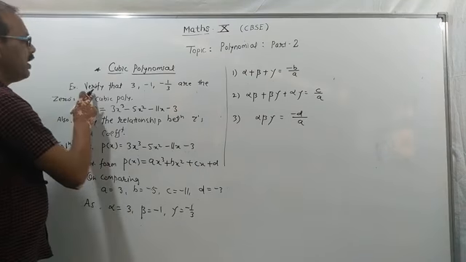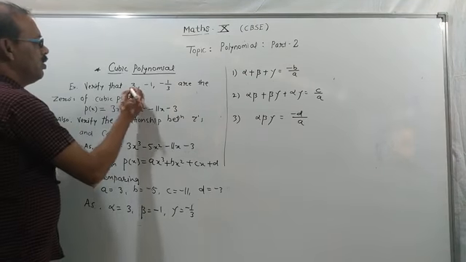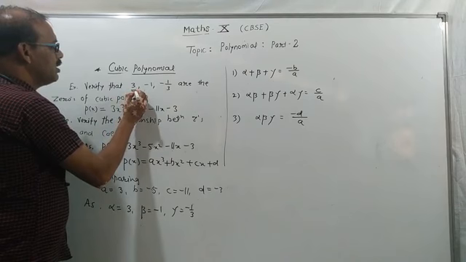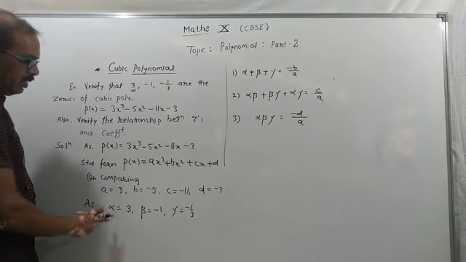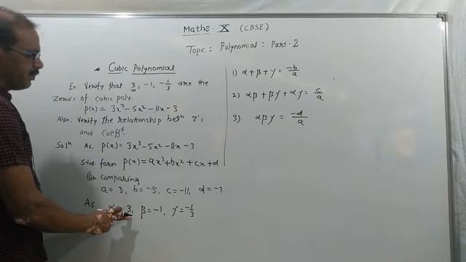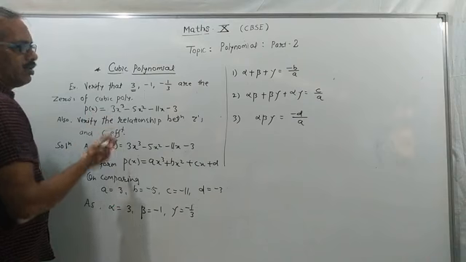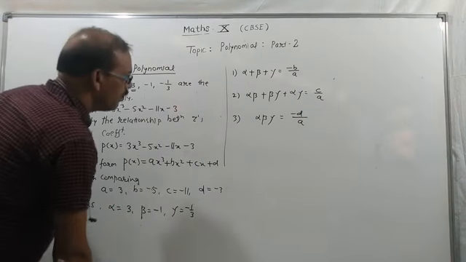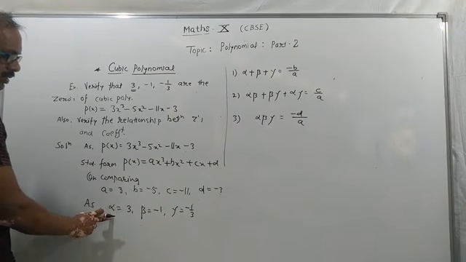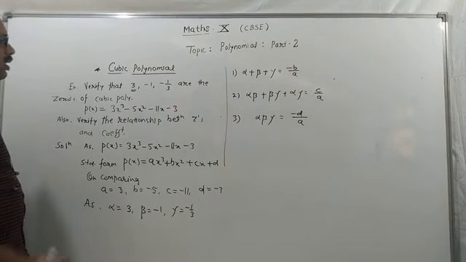These are nothing but the values of x. Now, for the verification, first we have to check whether the first zero, that is 3, is a zero of the given p of x or not. For this, we substitute the value of x as 3 in this given polynomial.